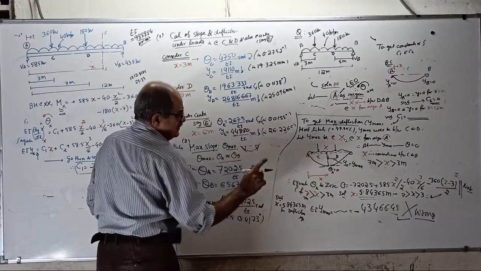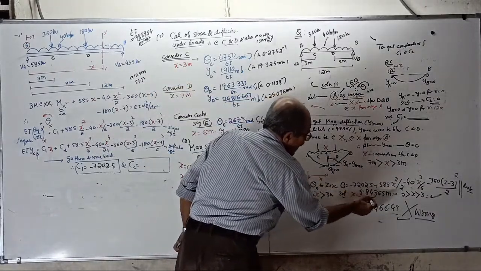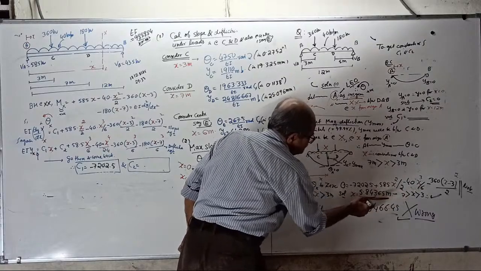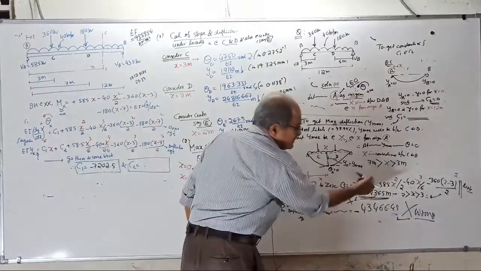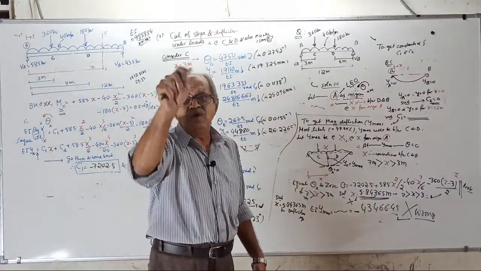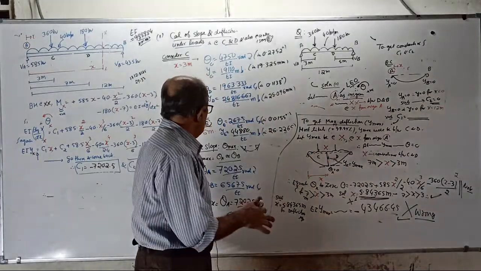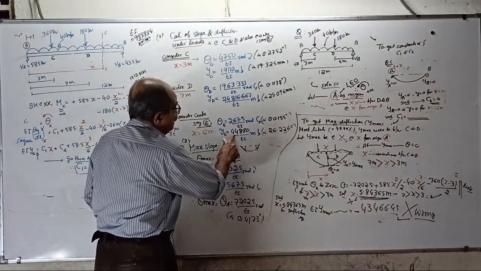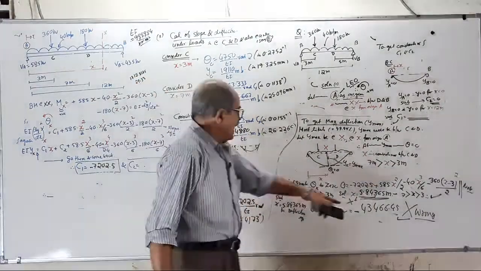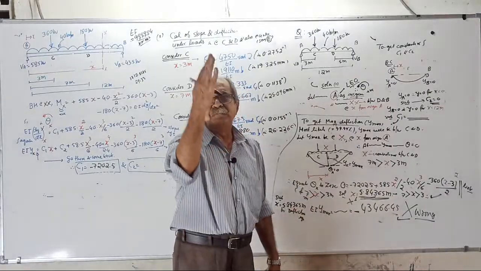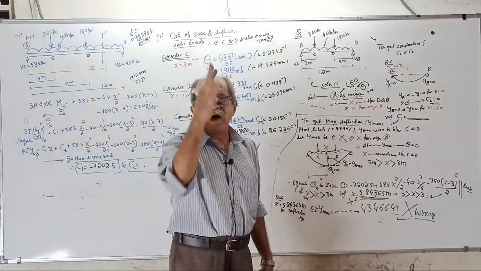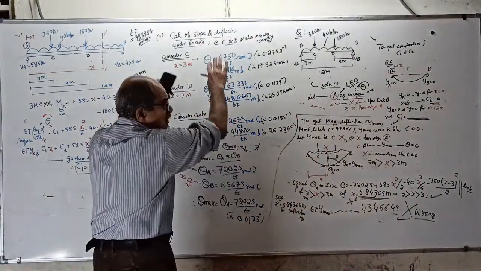No. Then this X value is wrong. This X is wrong. Check the X value once again. No. Center is 44880 and maximum is 4.3. Impossible. I will check remaining values.